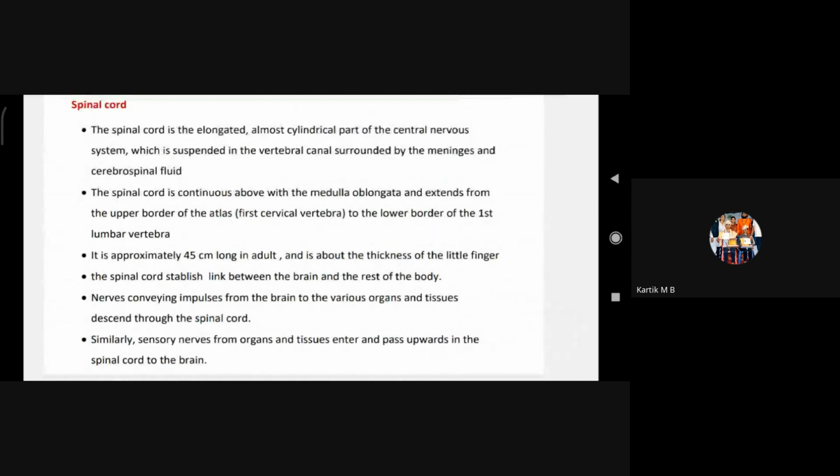So, spinal cord is the elongated, almost cylindrical part of the central nervous system, which is suspended in the vertebral canal, surrounded by meninges and cerebrospinal fluid. The same structure we have seen in the brain. In the spinal cord also, cerebrospinal fluid is present and it is well protected by the vertebral canal.